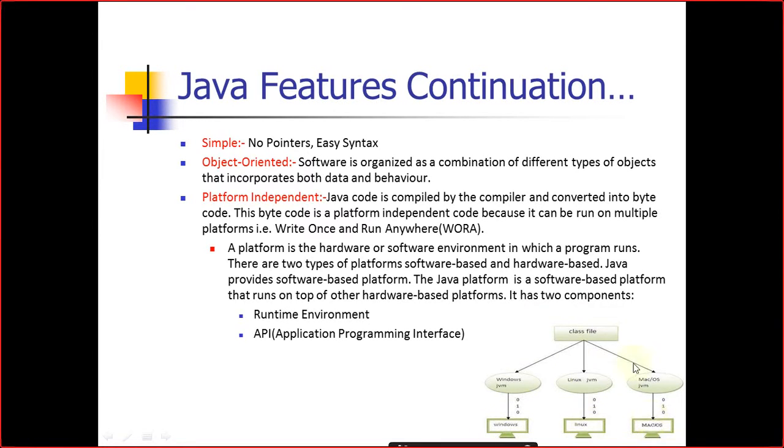With the help of JVM. JVM is nothing but a Java Virtual Machine, which is part of JRE, and JRE has to be installed on each and every machine. You need to remember that. Let's say I have a Java file which I compiled and I give it to you.